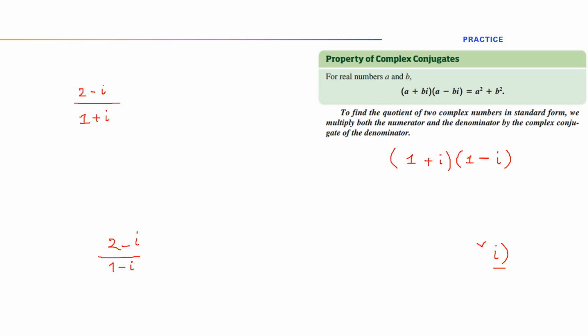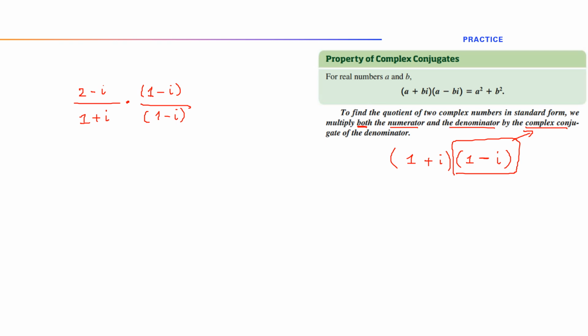So let's erase this, and now let's practice on this one. We multiply the numerator and the denominator both by the complex conjugate. This is our conjugate. So we multiply by 1 minus i over 1 minus i.